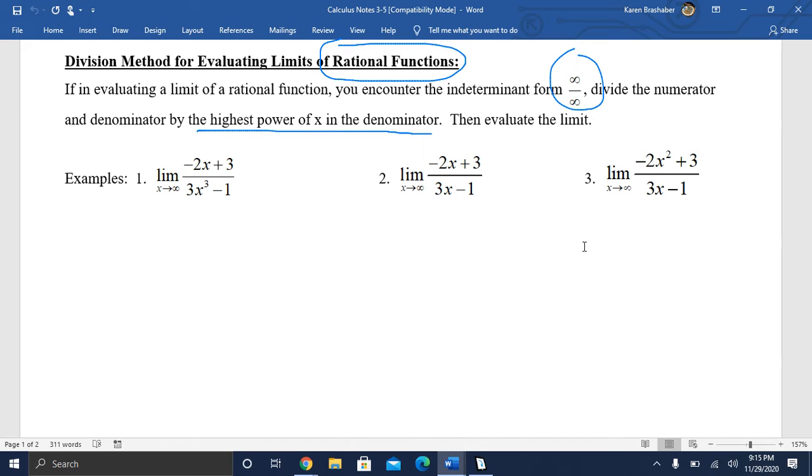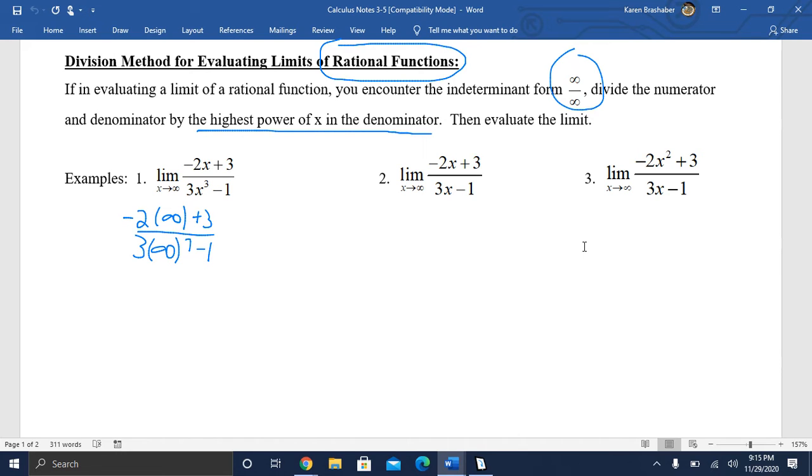For example, 1, if I plug in infinity right away, then I would have negative 2 times infinity plus 3 over 3 times infinity to the third minus 1.